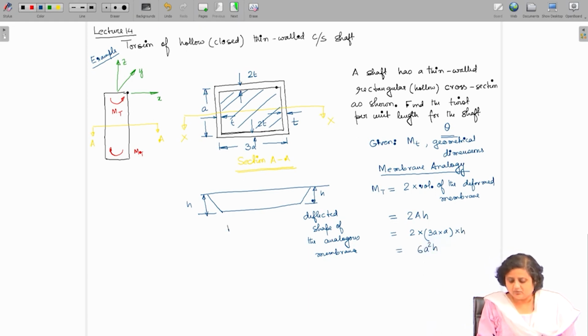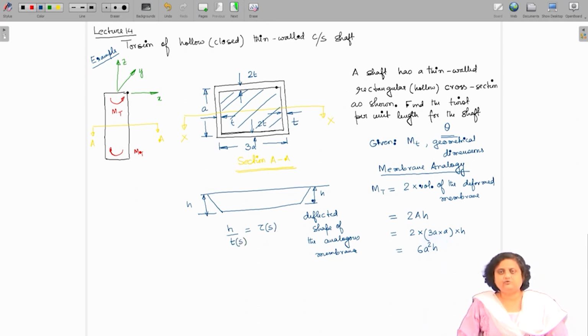Now, we again know that H by the thickness t is equal to tau s. If the thickness is varying, then the shear stress is also varying. So tau s can be written as H by t(s). In place of H, we can write MT as 6a square tau s into t(s), t being the thickness.